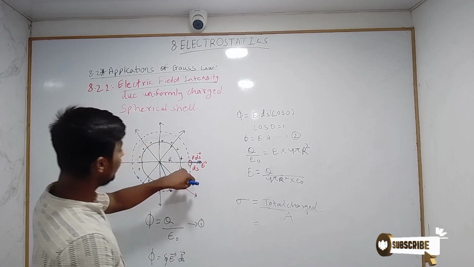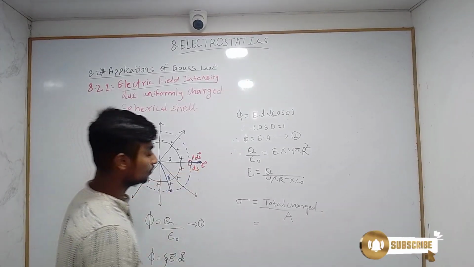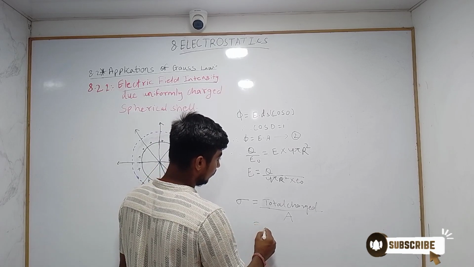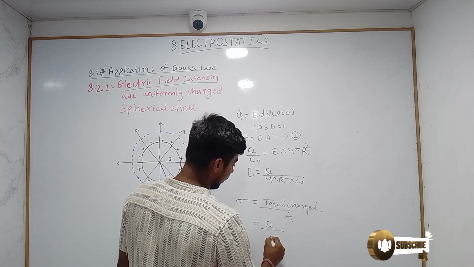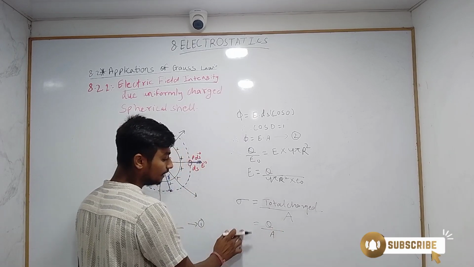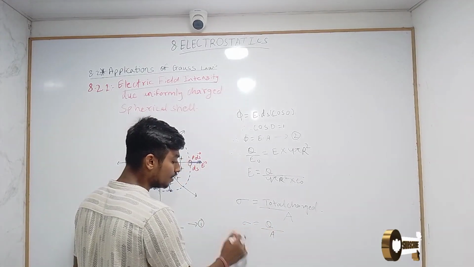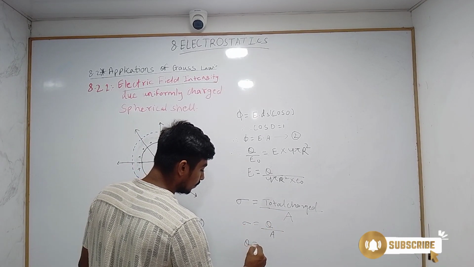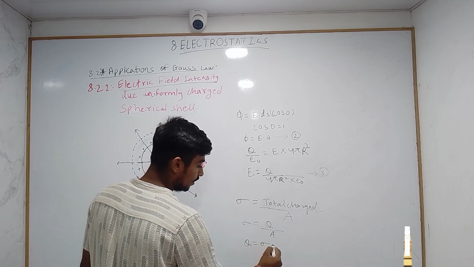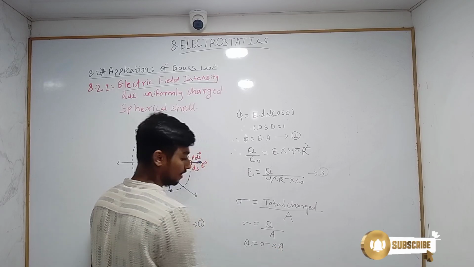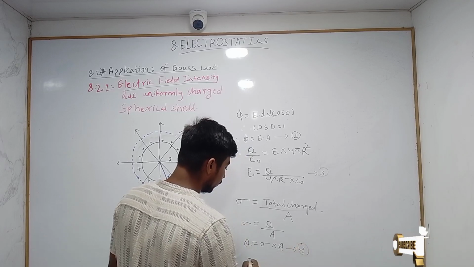So here we can write sigma is equal to total charge Q upon A. So we need to substitute it. Let us leave Q on this side and take A here. So Q is equal to sigma into A. Let it be equation number 3.